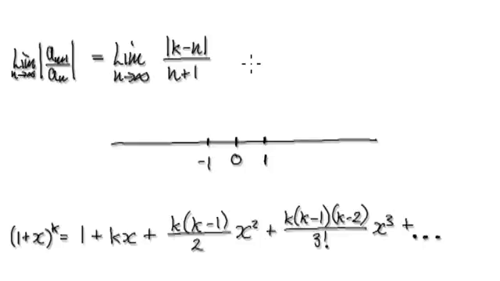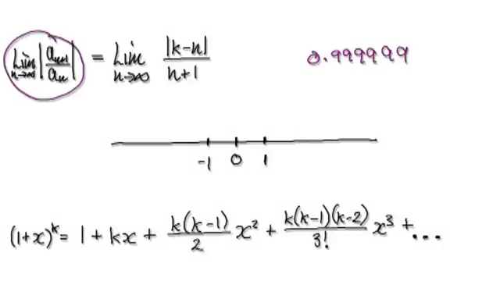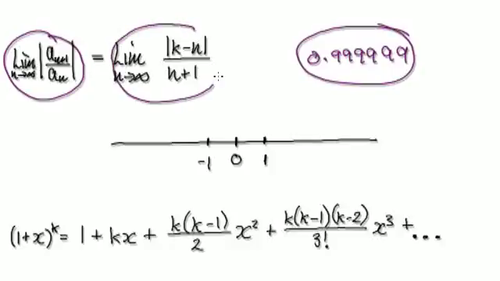As n heads towards infinity, even though this whole thing here heads towards 1, don't forget it could be on the underside of 1, so it could be 0.999999. So in which case this value here is equal to this. So let me take one step back. This whole thing here, the limit is actually heading towards 1, but it could be the underside of 1.